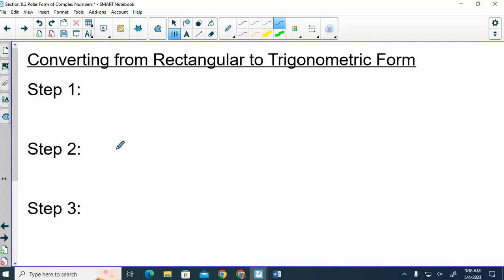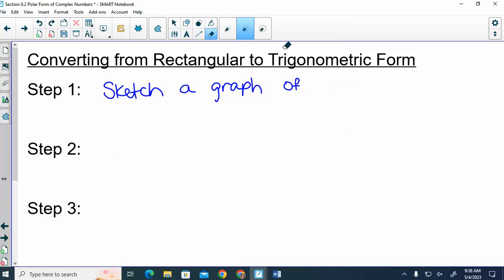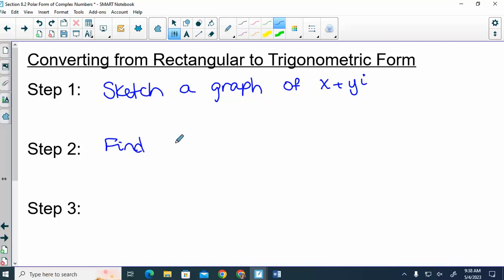If you start with rectangular, we first want to sketch a graph of the imaginary number. That way we know what quadrant we're in. The second step is to find r, or thinking about vectors, that's just like the magnitude of your vector.